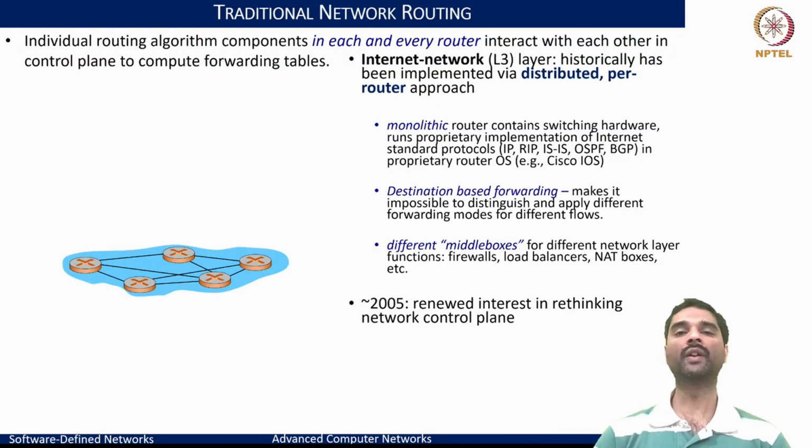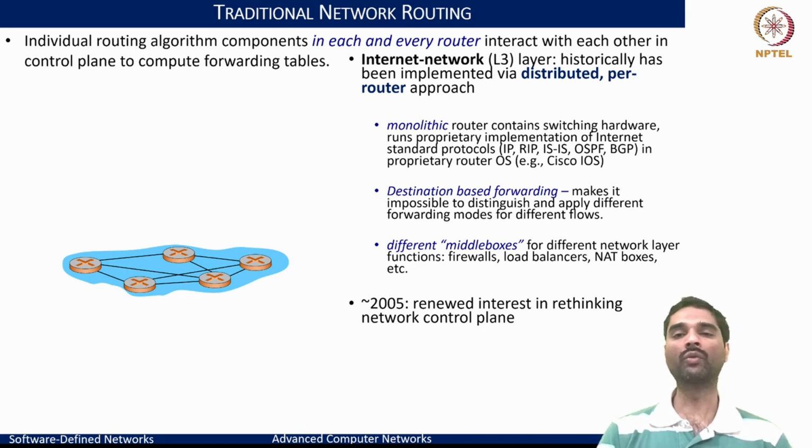In traditional networking, each and every router learns on its own. So we have lost control over the eventual outcome of this learning and over adapting it for our needs. This distributed per-router approach is a concern.